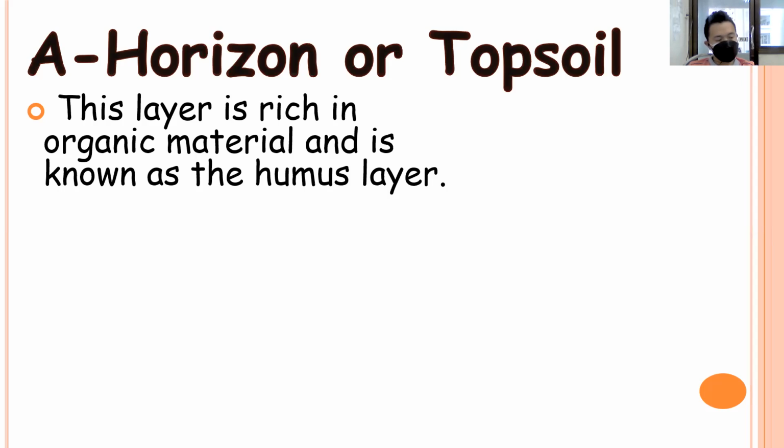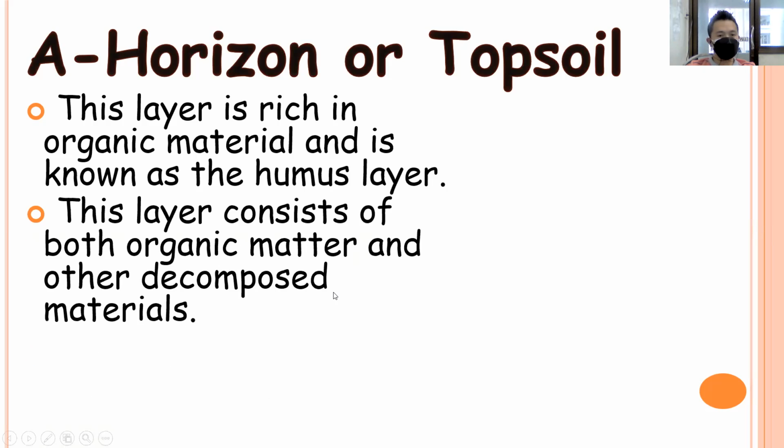So you have the humus, and the second is topsoil, the A horizon. This soil is rich in organic material and also rich in humus. This layer consists of both organic matter and other decomposed materials, almost the same as the O horizon.